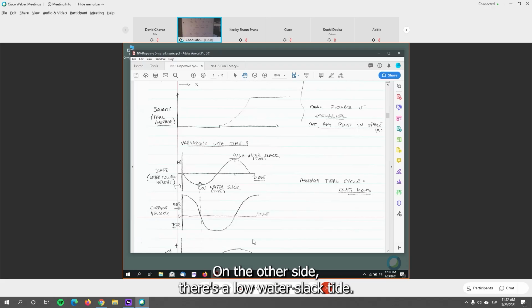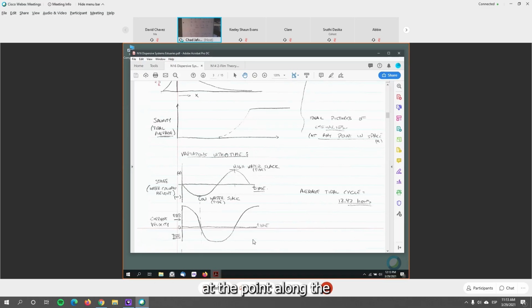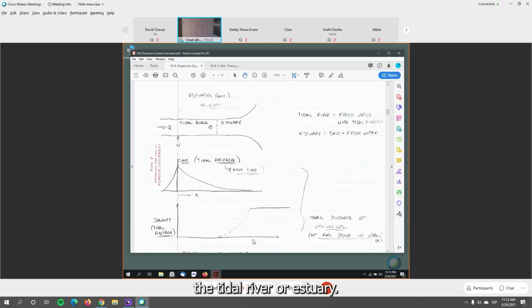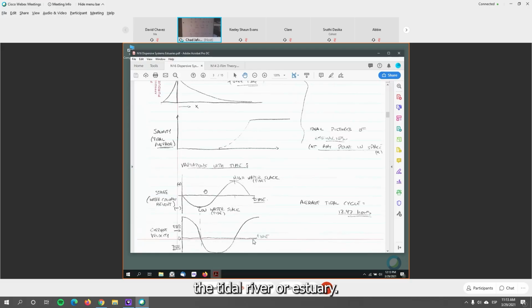On the other side, here's a low water slack tide. The water is out, and once the water is out, as the stage is coming up, that means the water is coming in. That means the tide is going backwards. It's going upstream here. So this curve tells you about the stage at the point along the tidal river or estuary.